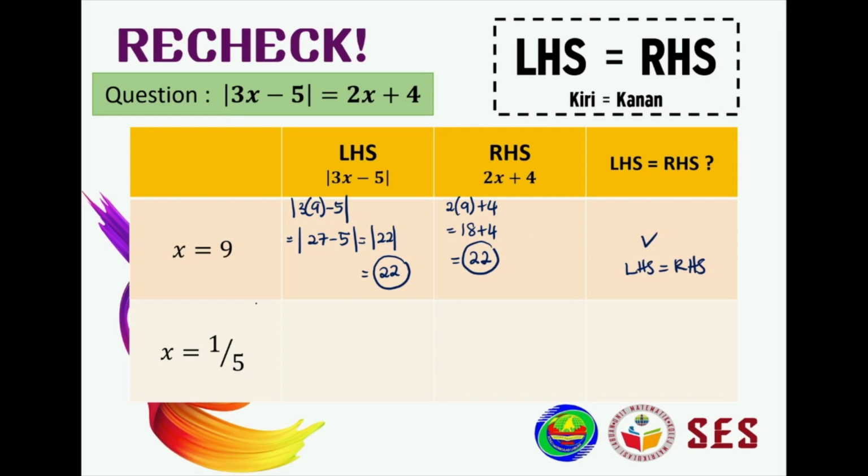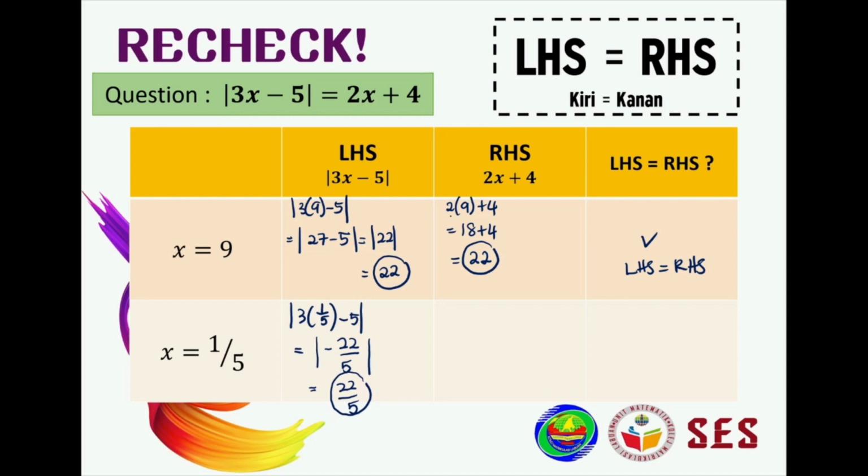For x equals 1 over 5, if I substitute to my left hand side, pressing the calculator, I will get negative 22 over 5. By definition, this is just 22 over 5.